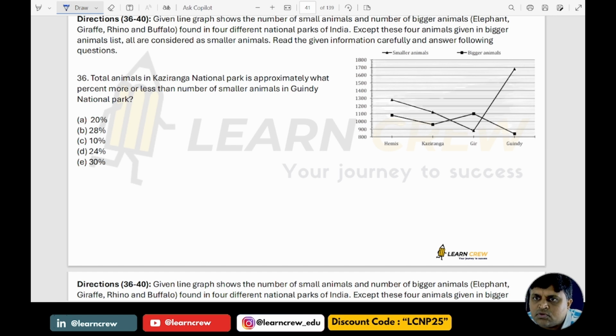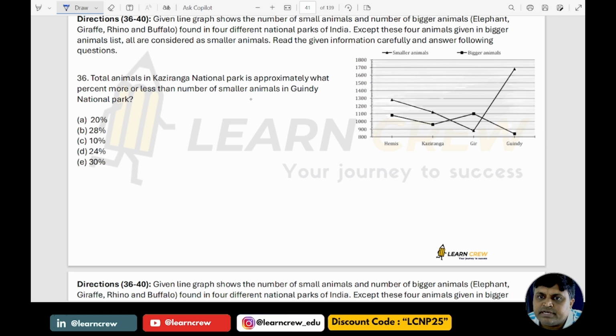Except these 4 animals given in the bigger animals list, all are considered smaller animals. Read the given information. Total animals in Kaziranga National Park is approximately what percentage more or less than the number of smaller animals in Gindi National Park?